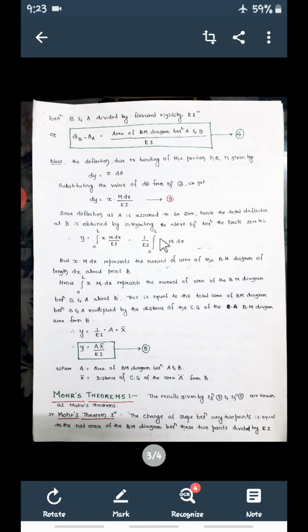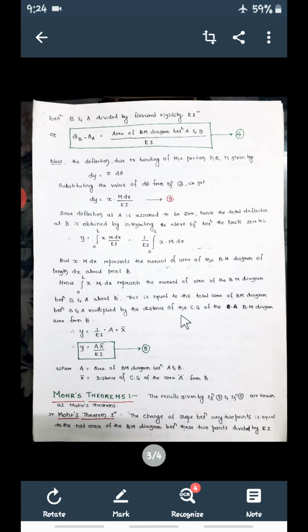If I integrate this between 0 to L, that gives the total deflection at B. Hence integration 0 to L of x into m dx represents the moment of area of the bending moment diagram between B and A about point B. This is equal to the total moment of the bending moment area between B and A. So what is x?